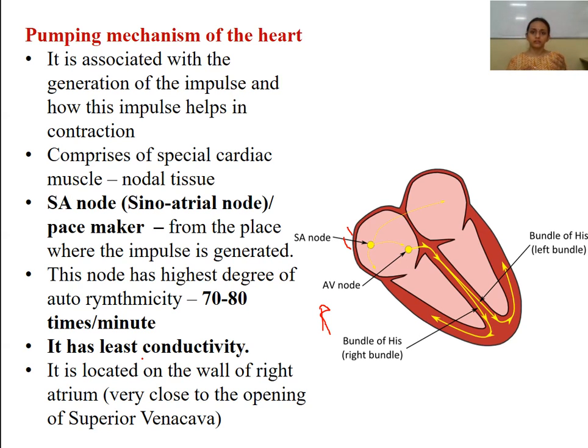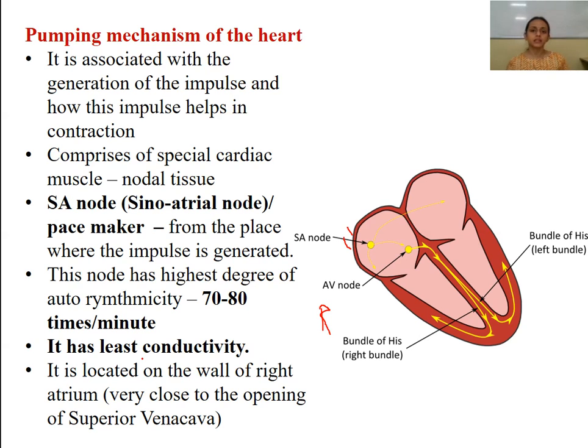Now the generation of impulse and the contraction through this impulse happen with a specialized muscle. So the pumping mechanism comprises special cardiac muscles, which are also known as nodal tissues.